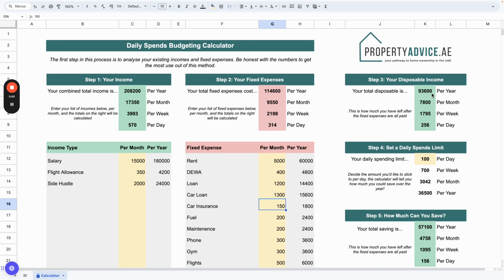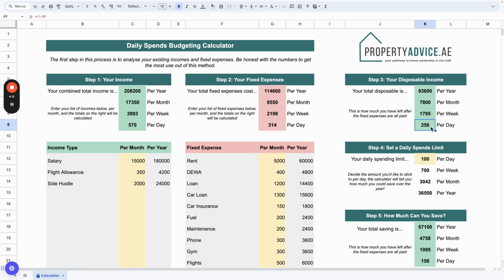Your disposable income then in step 3, this is the first part of this, the reason this whole calculator exists. It's simply to tell you that if you go about your average day or your average week or your average month, and you only spend 256 dirhams, you will be absolutely fine because all of these expenses will still be covered, right?